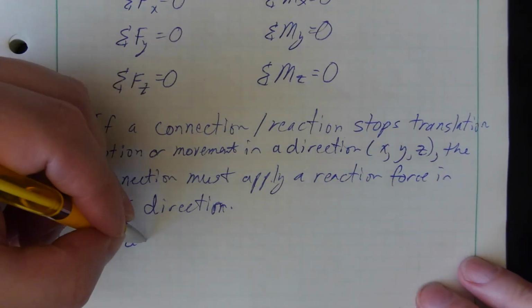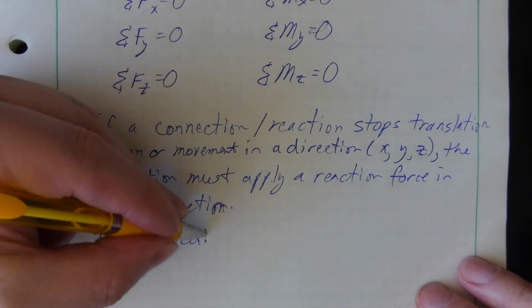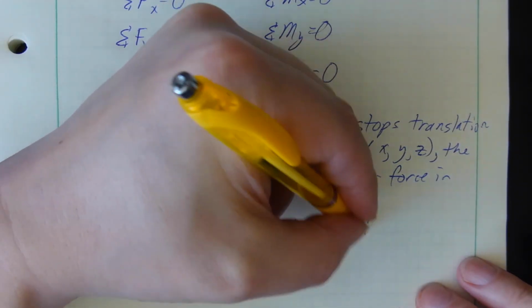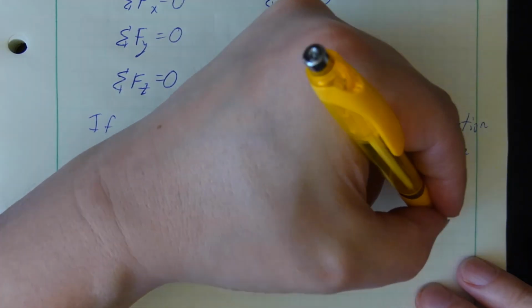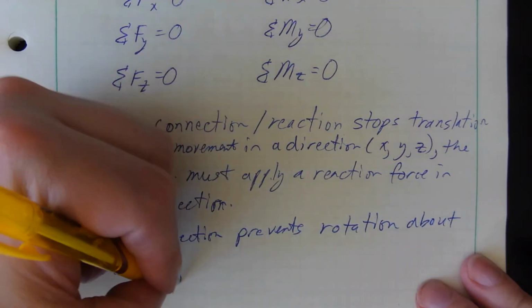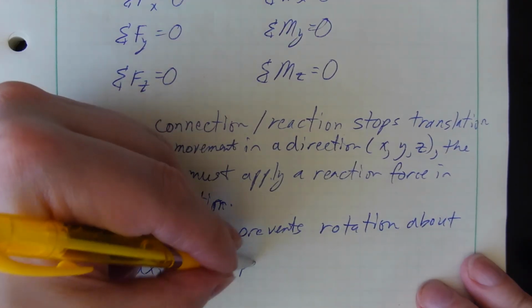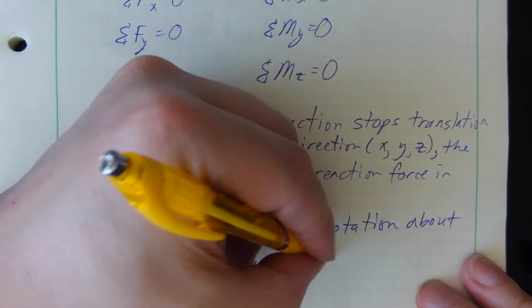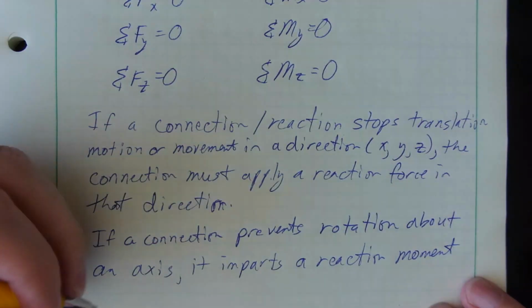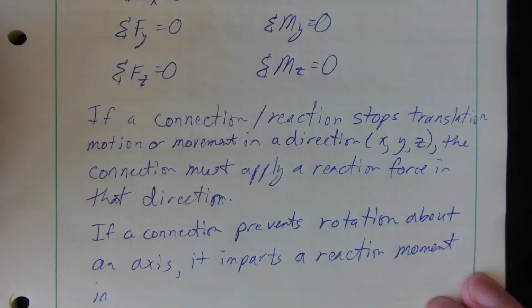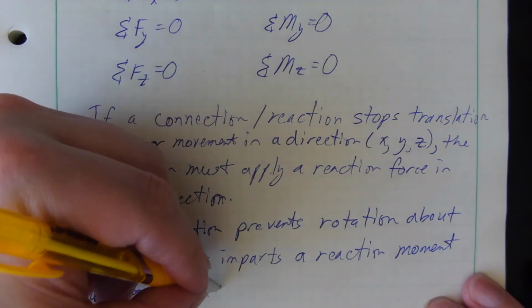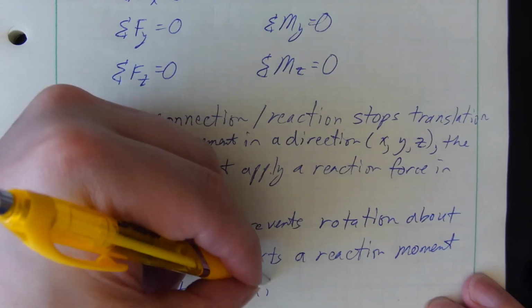So if a connection prevents rotation about an axis, it imparts a reaction moment about that axis.